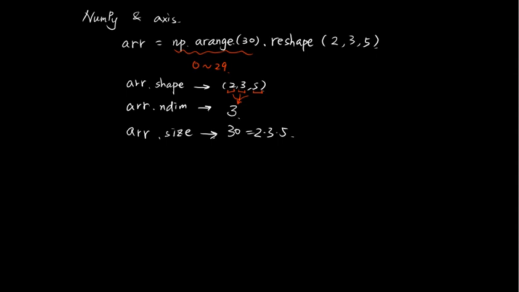All right. I want to point out that in NumPy, there is a set of functions called aggregate functions. It is a collective term. Aggregate means combining a lot of things and making one thing.